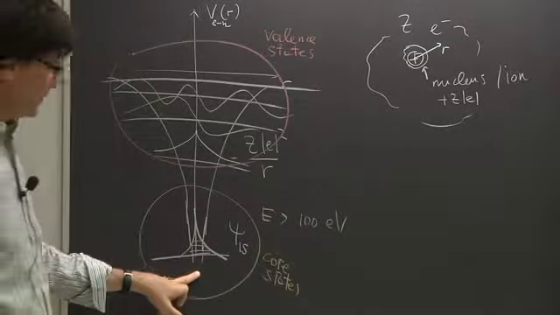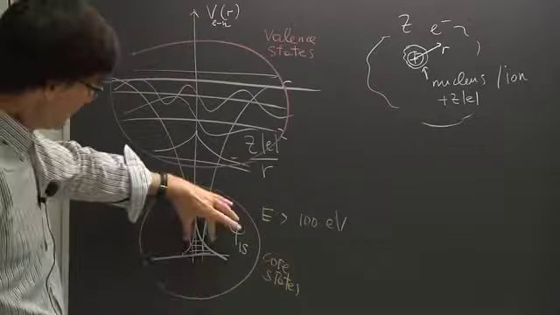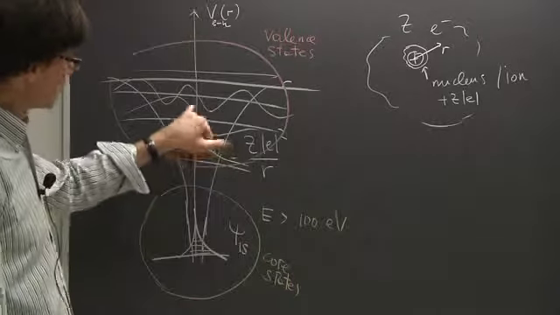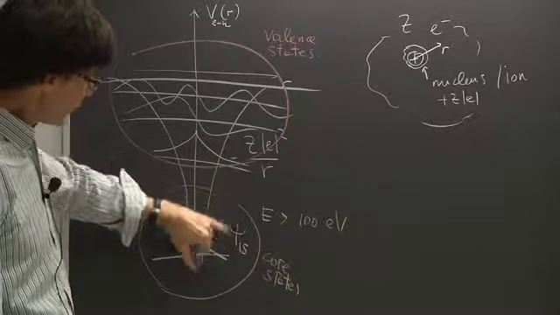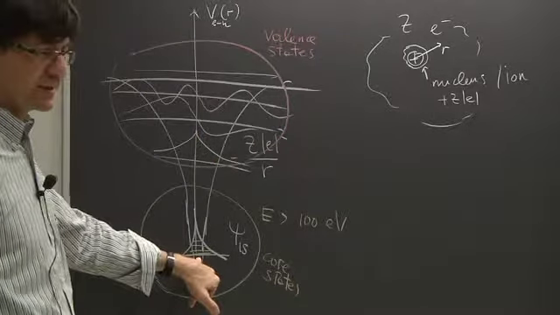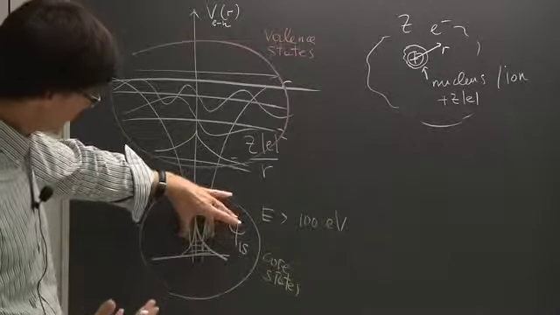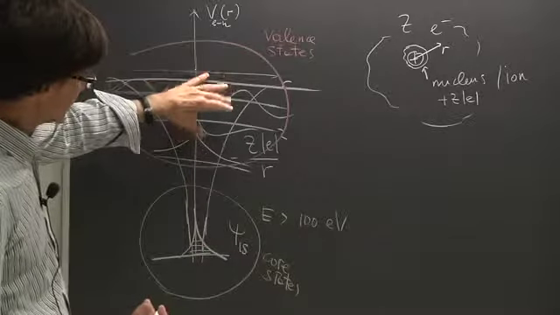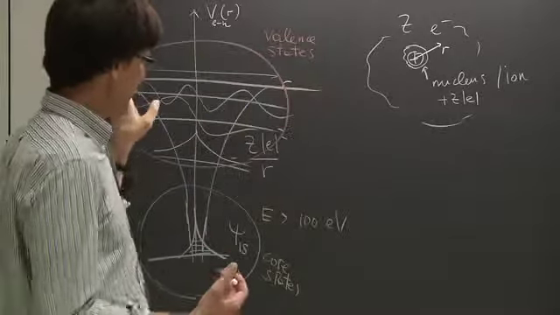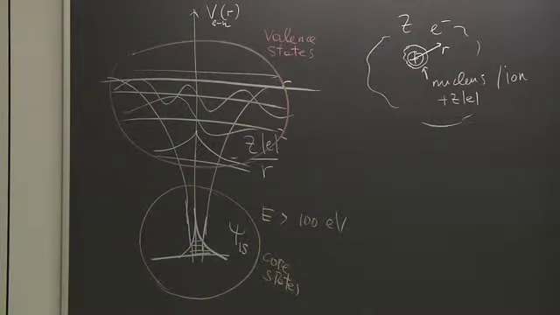What you see here, if you try to look at your core states, their spatial extension is very small, much smaller than the spatial extension of the valence states. So you can approximate their spatial extension to almost a delta function, right? Because they extend much, much less than this one. So if you are a valence electron and you look at the core states, you can approximate them with delta functions.